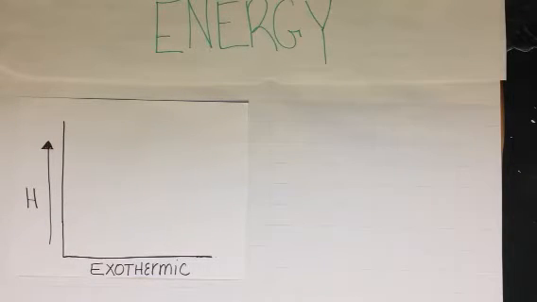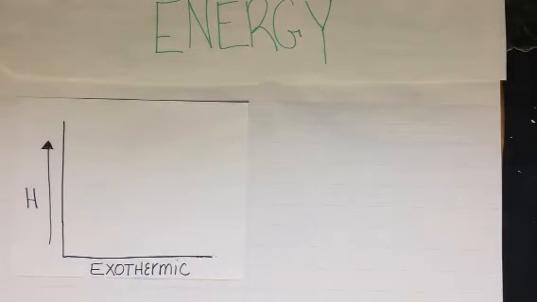So for an exothermic reaction, let's think about that log example that I just talked about. The log has a lot of potential to create heat. Therefore, it has high enthalpy. So where would high enthalpy be?